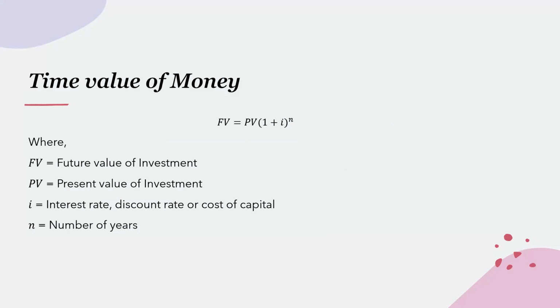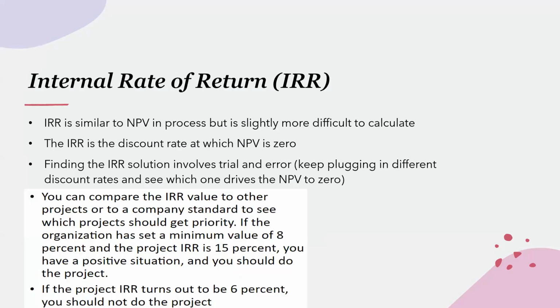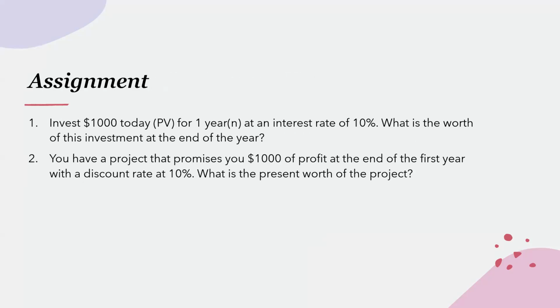Time value of money. So how to calculate the time value of money? The future value is equal to present value times (1 plus interest rate) to the power of number of years. So you can use this equation to do these two questions. The first question asks to invest $1,000 today, that is the present value, for 1 year, that is the N, at an interest rate of 10%.